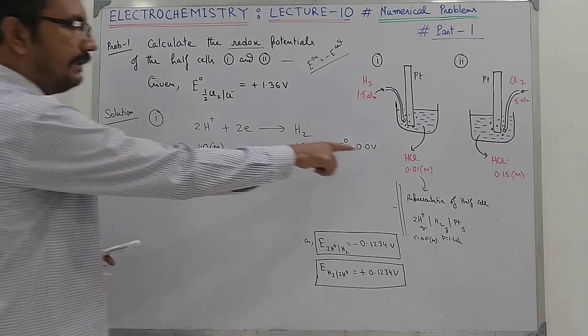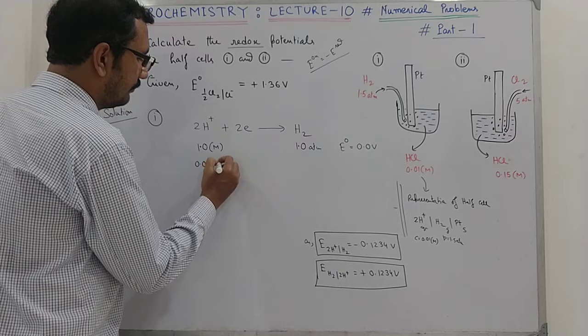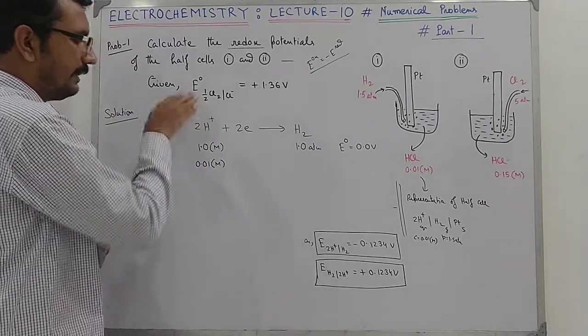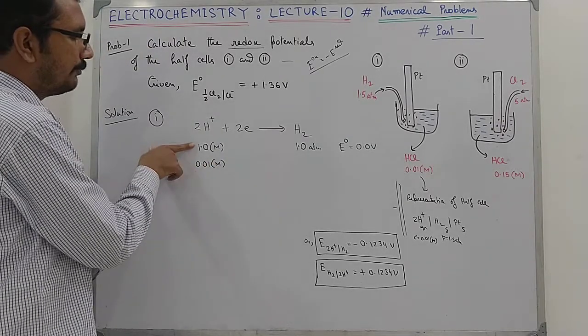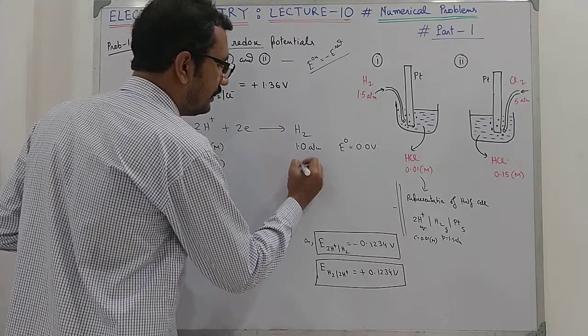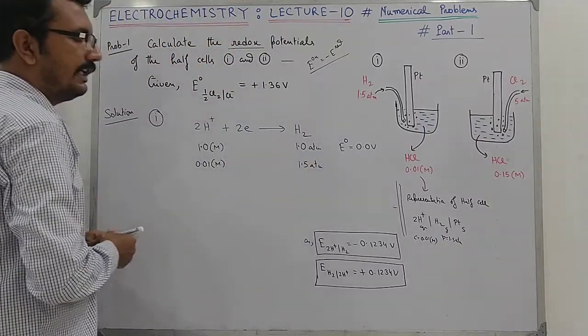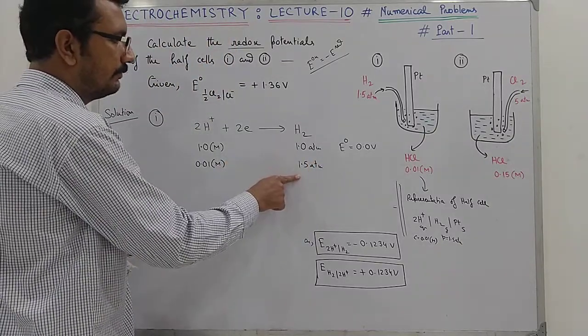Now the condition given here is it is 0.01 molar. So concentration is decreasing here from 1.0 molar and pressure is 1.5 atm. So pressure is increasing from the previous one.